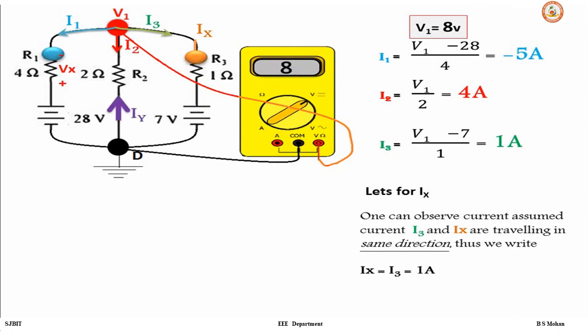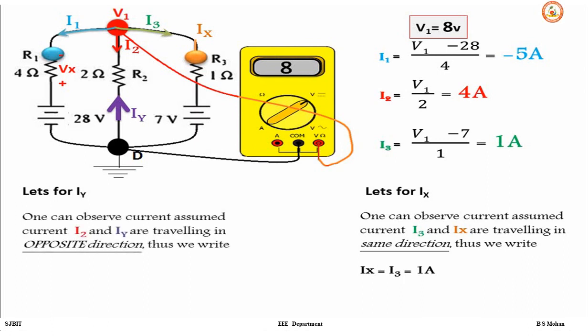So you can observe in the second branch the current I2 is flowing downwards, right? But Iy is flowing upwards. So these two are in opposite direction. I2 is traveling in the opposite direction with respect to Iy. Thus Iy is minus of I2, which is minus 4 ampere.